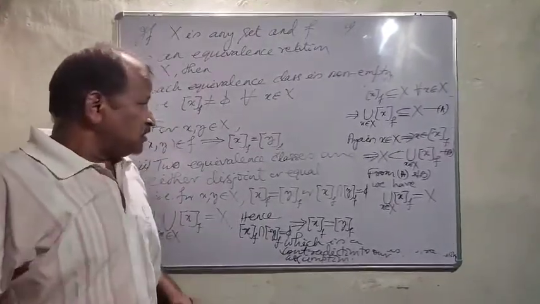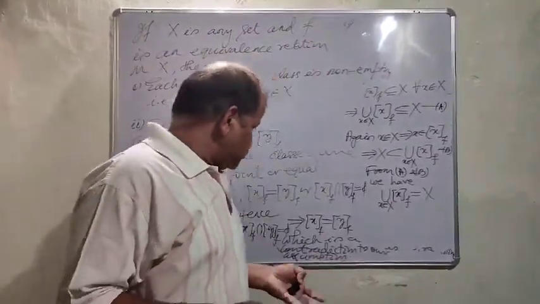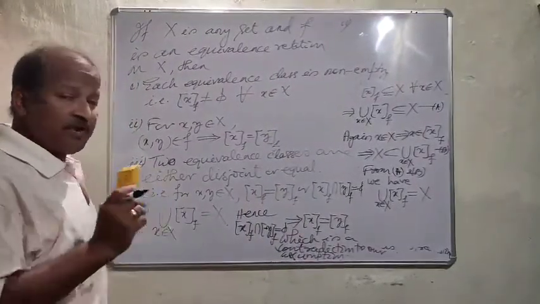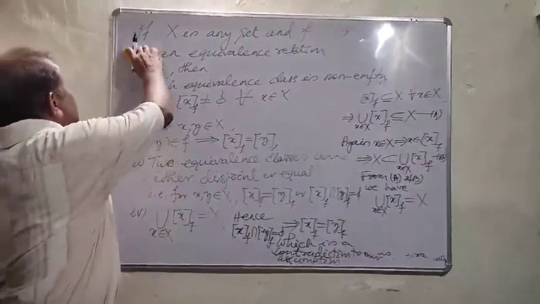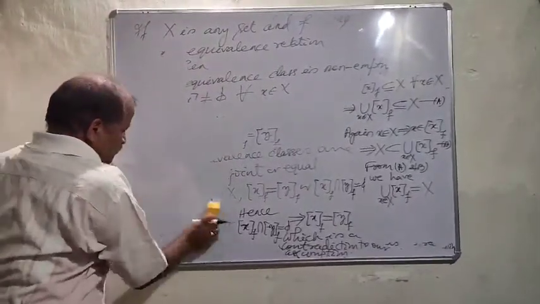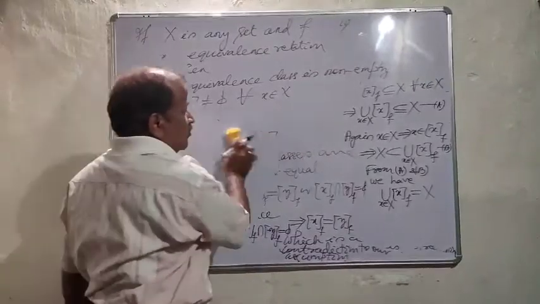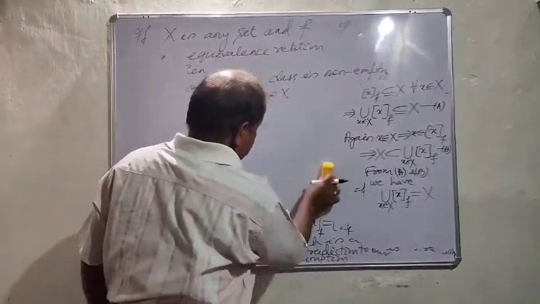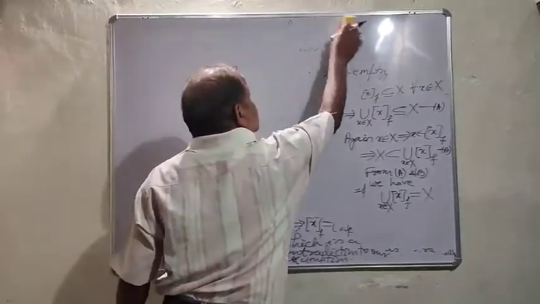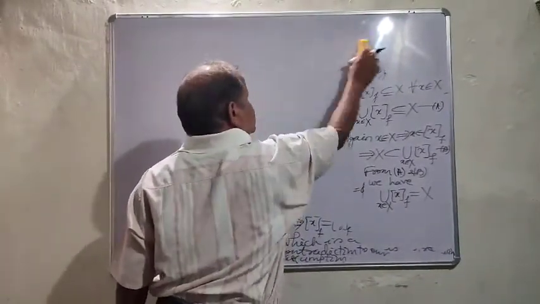Let us switch over to partition. Yes, a very important topic, partition. Partition is a common word which you know, but mathematically we do not know what a partition is.